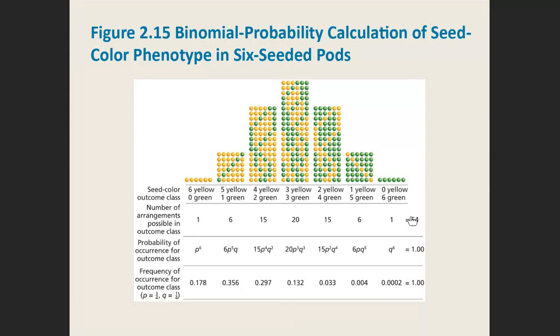Why is that? Well, evidently because the probability of a yellow seed is much higher. It's 3 times higher than the probability of getting a green seed. So you see, the probabilities are skewed towards the number of yellow seeds in this case. Whereas for boys and girls, the probabilities were equal, no matter the numbers of boys and girls you're considering.